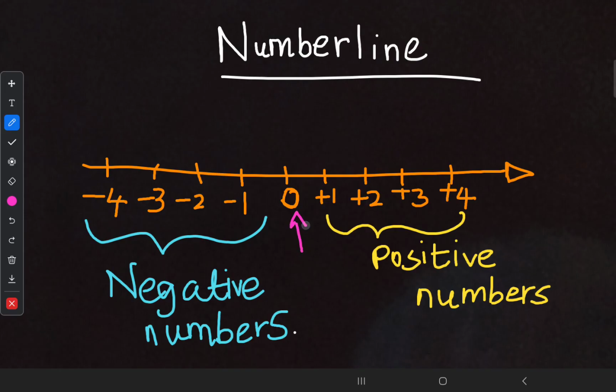You have to know this. In mathematics we have only one neutral number, and that is 0.